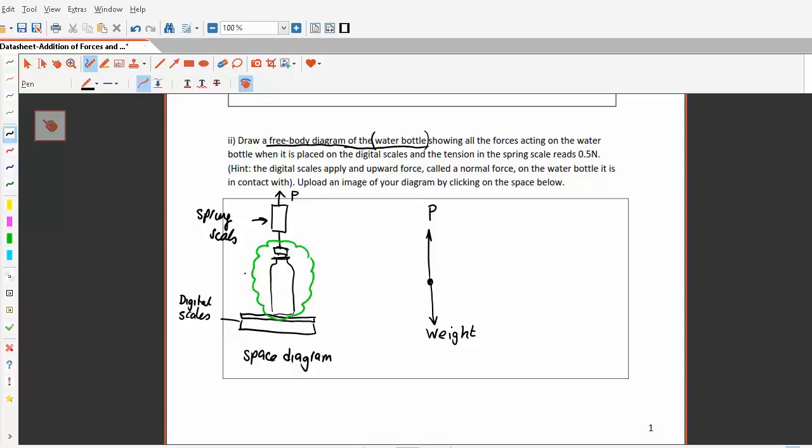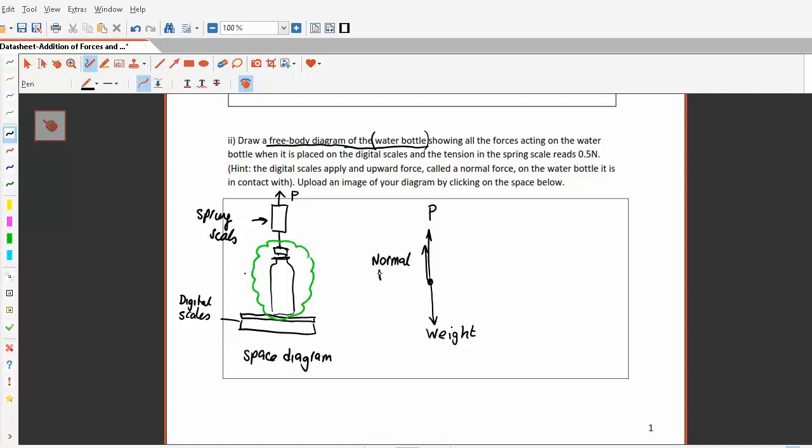That's called a normal force. And in our free body diagram, we always draw the forces radiating outward from the particle. So this N here would be the normal force. It's called the normal force because it acts perpendicularly to the surface with which the bottle is in contact.